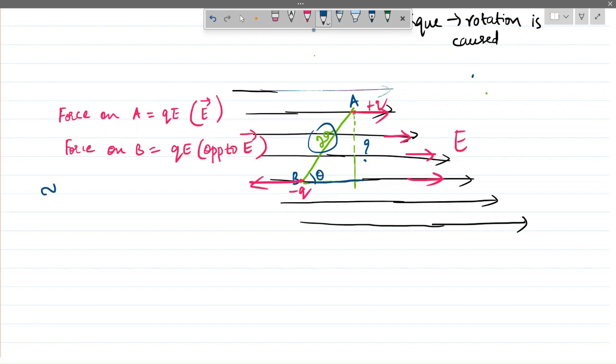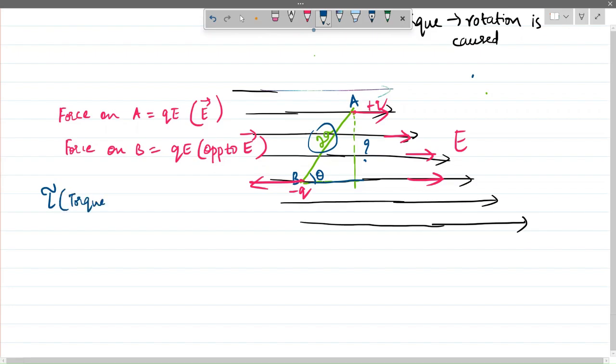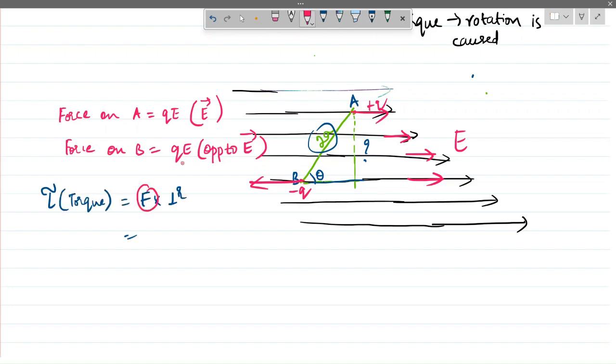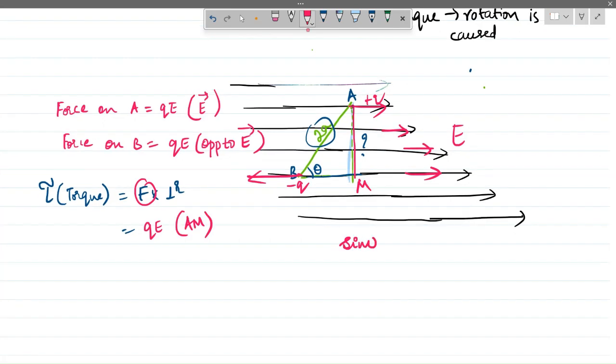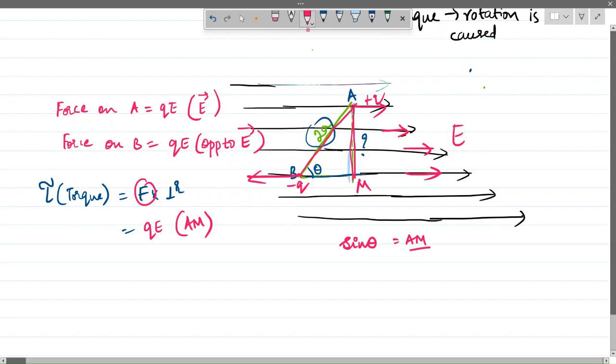The equation of torque tau: the force between these two charges is QE, and the perpendicular distance, that is this distance, we have to find out. Sin theta is opposite, that is AM, divided by hypotenuse, that is AB, so AM is equal to AB into sin theta. So what is AB here?